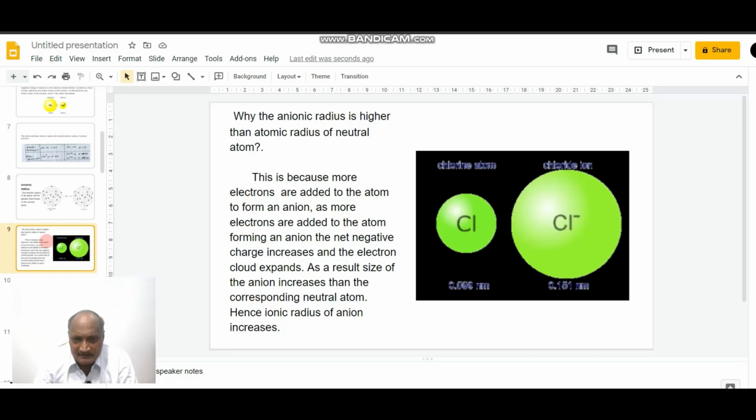As a result, the size of the anion increases compared to the corresponding neutral atom. Hence, the ionic radius of an anion increases.